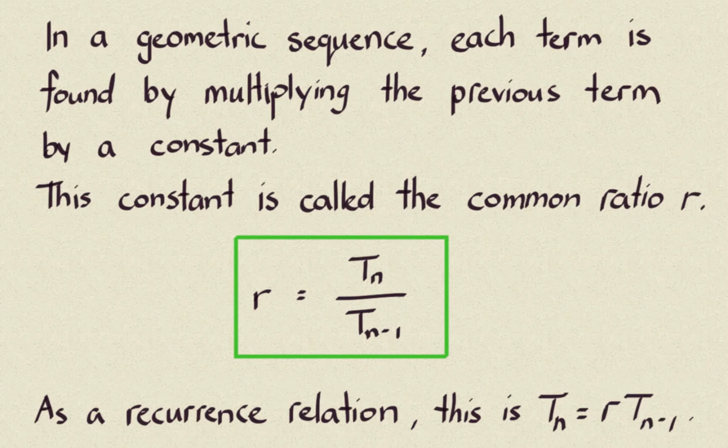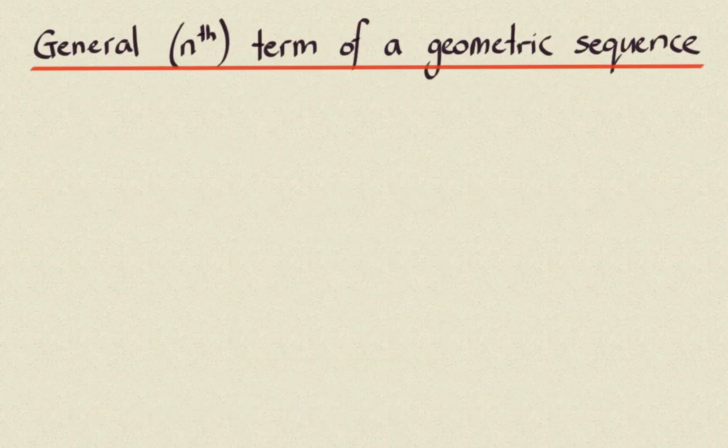Let's now look at the general term of a geometric sequence. And we will start just like we have previously, with our first term being equal to a. Then, when we look at our second term, following the geometric recurrence relation that we've just talked about, this is term 1 times the common ratio r.